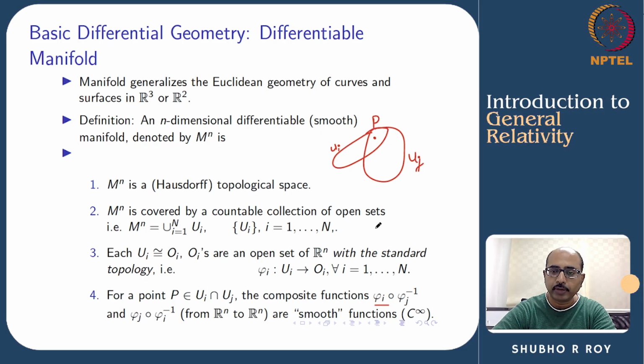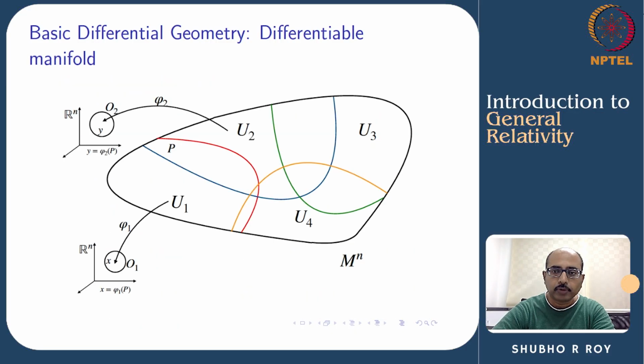This I will explain in the next slide. These are smooth functions in the sense of multivariable calculus, because, as I will show in the next slide, these are functions from Rn to Rn. This is the usual multivariable calculus which you learn in your first year of college, and these are smooth functions of each other. What a smooth, or C infinity, function means I will explain in the next slide.